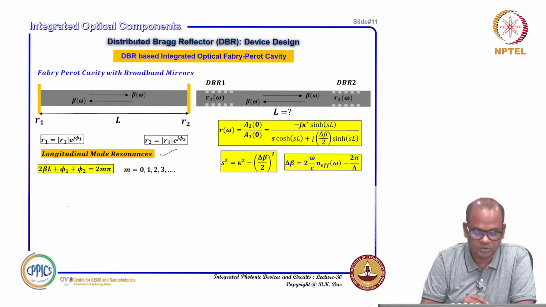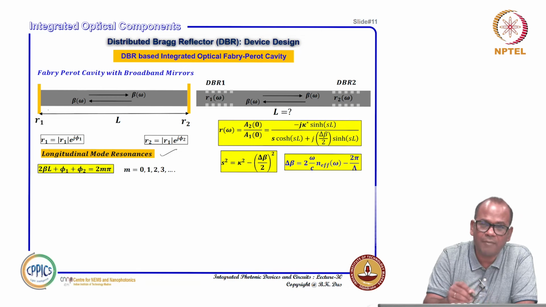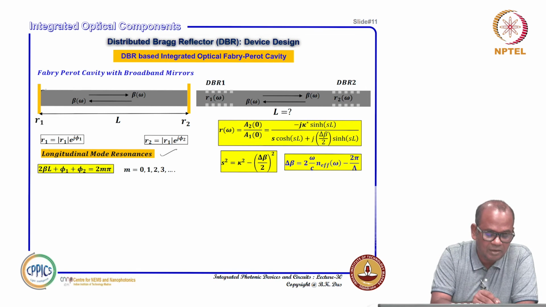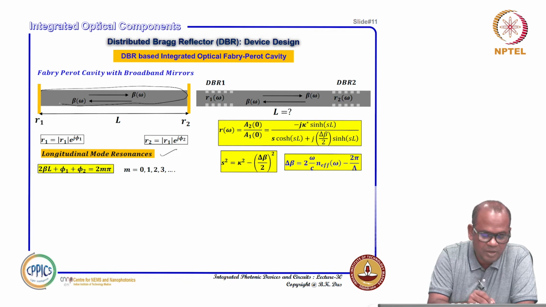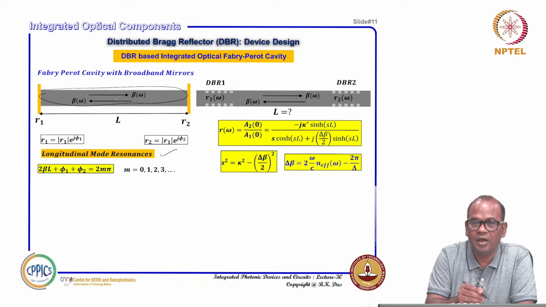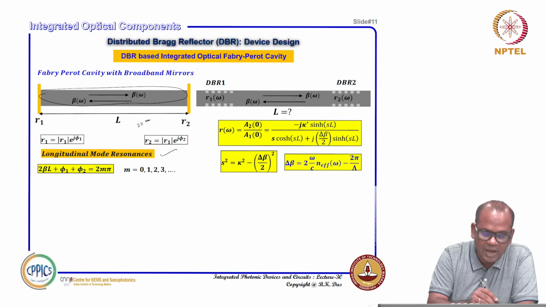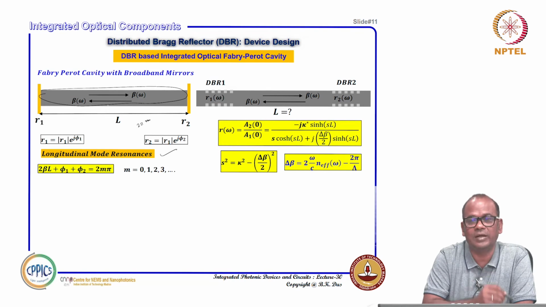Now, longitudinal mode resonance. To have a resonance, any signal travels this way, reflects back, and comes back, reflecting again. If one round trip acquires a phase of 2 pi times an integer value, then that particular wave is resonant.